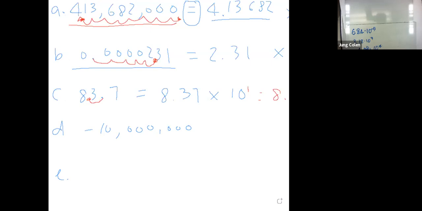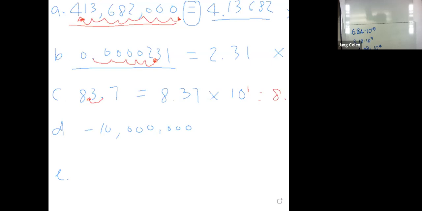0.00 something something. So from here, we can move the decimal point 5 decimal points. 1, 2, 3, 4, 5. Okay, and the decimal point goes here.